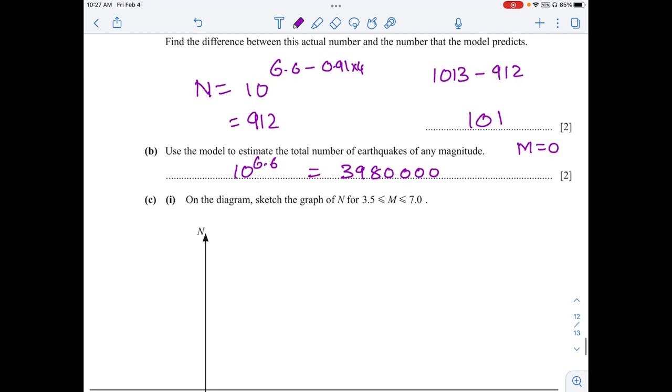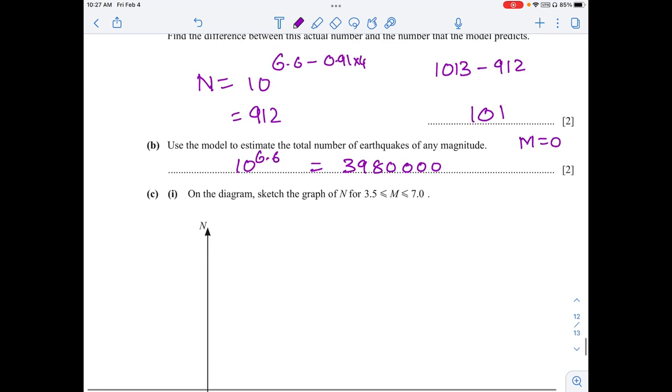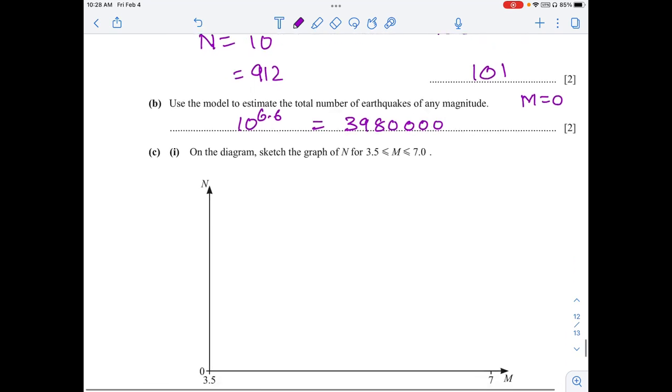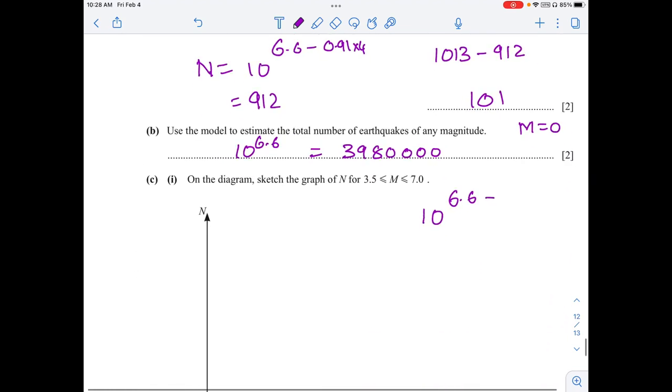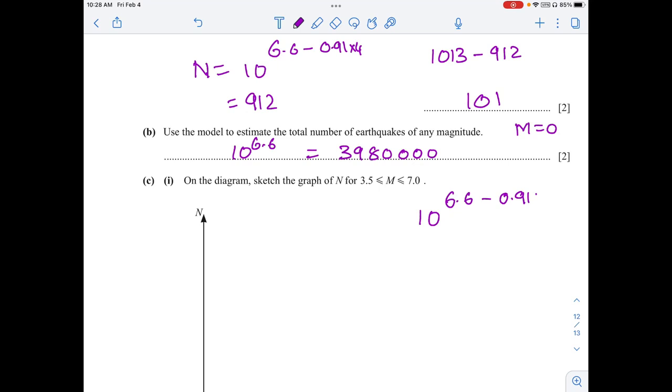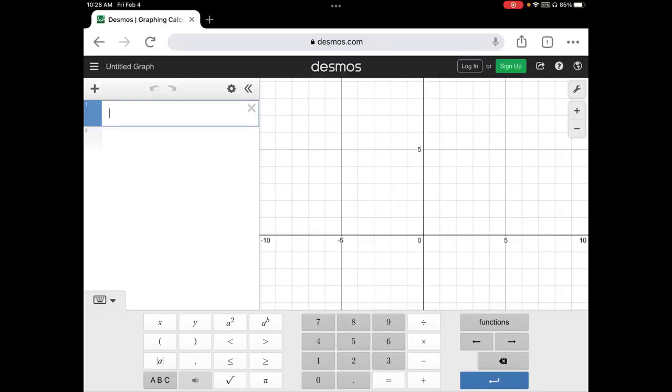On the diagram, sketch the graph N equal to 10 to the power of 6.6 minus 0.91 times m, for m from 3.5 to 7.0. So what are we doing? We are drawing the graph for this.